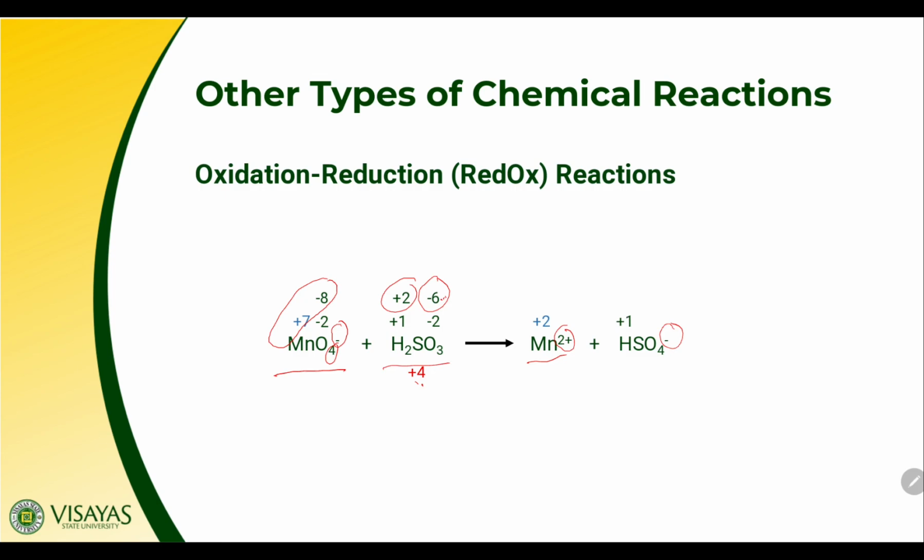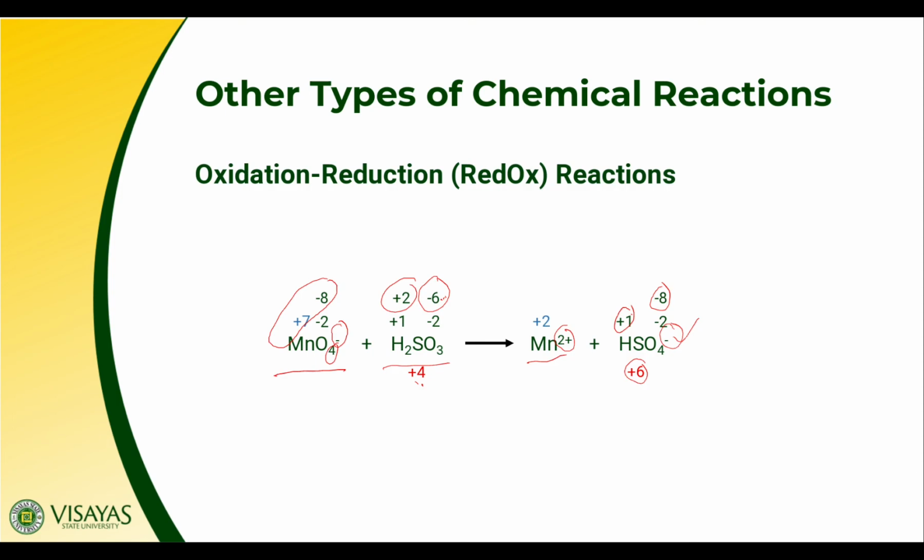We know that hydrogen is positive 1 and oxygen has a negative 2 oxidation number. Since we have 4 oxygen atoms, its total is negative 8. So what should be the oxidation number of sulfur? It should be positive 6, because when we add 1 and 6, we have 7, minus 8, we have negative 1, which is equal to the charge of the polyatomic ion.